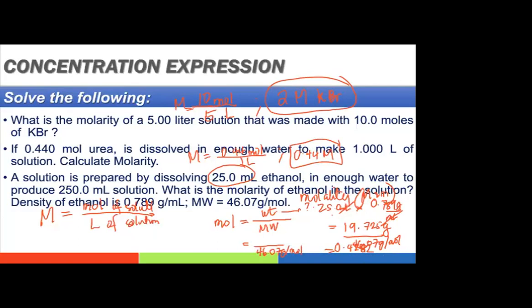Okay, yes daw. Yan ang moles. Therefore, alam mo na yung numerator mo, which is 0.4282 moles.